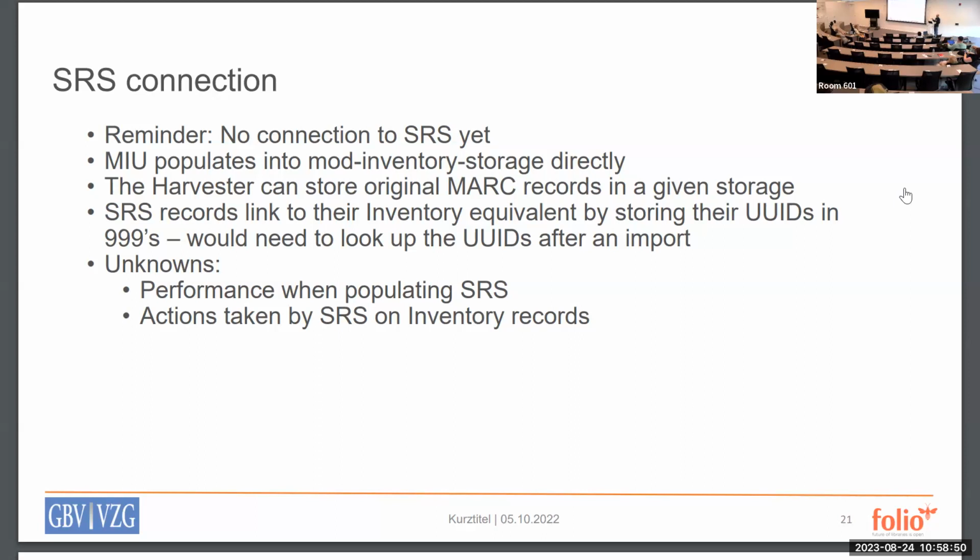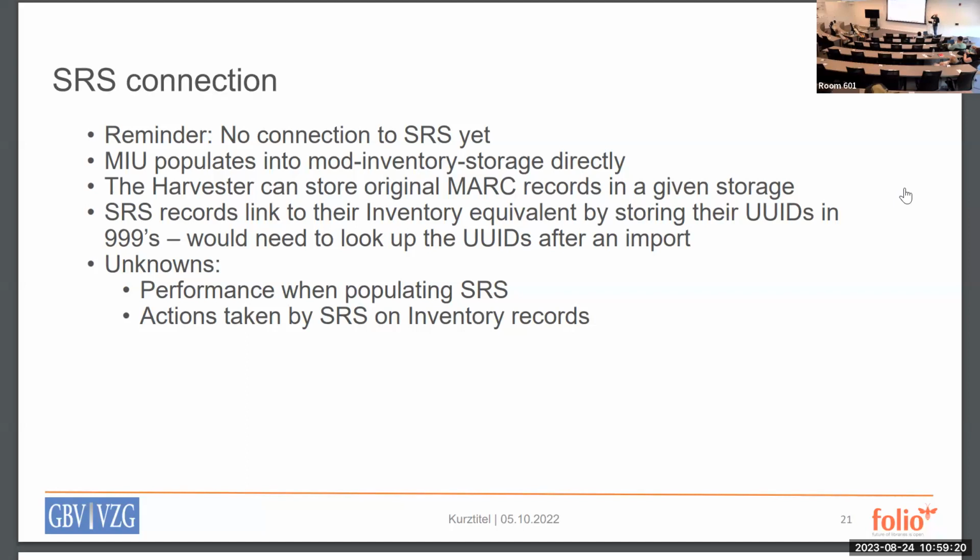You would have to have some kind of lookup after you've imported the data, but that is just theoretical. And there are some unknowns, and maybe some unknown unknowns. What about performance when populating SRS? Mod inventory update and all of the tools that we presented to you today don't have any effect on SRS, so you rely on the SRS performance.